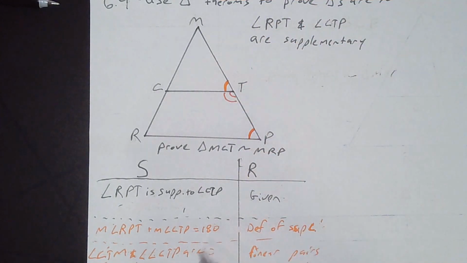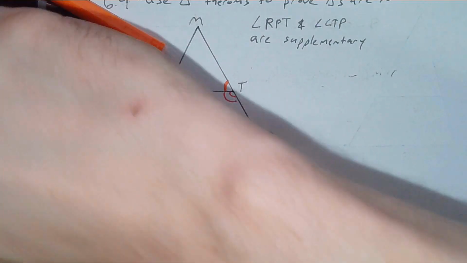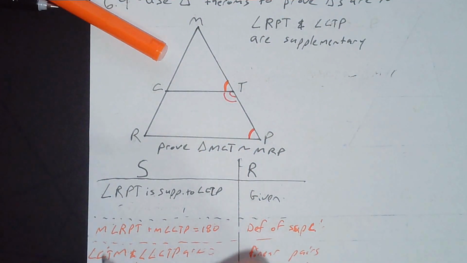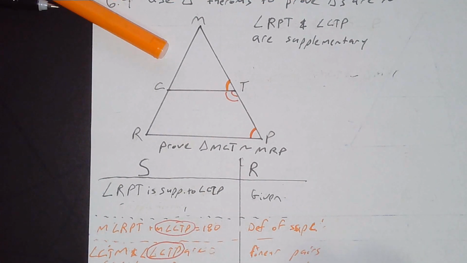So I have CTM, I have CTP in the same one here, and I have CTM here. Okay, so I have 180 there.